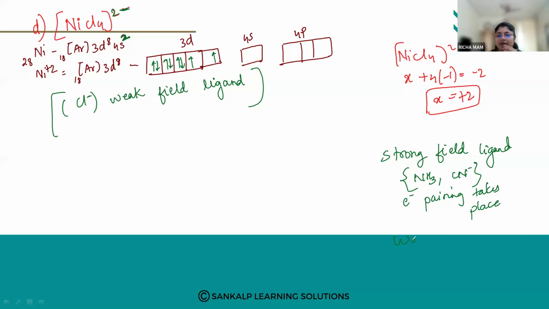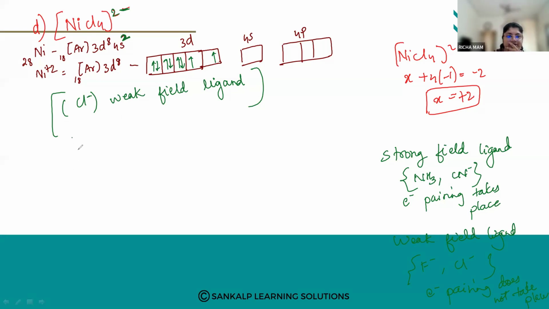And whenever you have a weak field ligand like F minus fluoride ion or chloride ion, what will happen? The electron pairing does not take place.